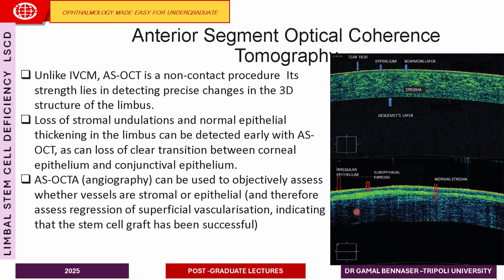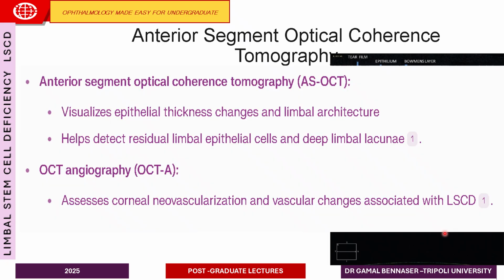So in the presence of new vascularization, this will disturb the immunologically privileged state of the cornea and endanger any future corneal transplantation or any cell-based therapy that we are planning for limbal stem cell deficiency. So in brief, the traditional anterior segment OCT visualizes the epithelial thickness and the changes that happen in the limbal architecture, and it also helps to detect the residual limbal epithelial cells and the changes in the palisades of Vogt and the crypts of the limbus.